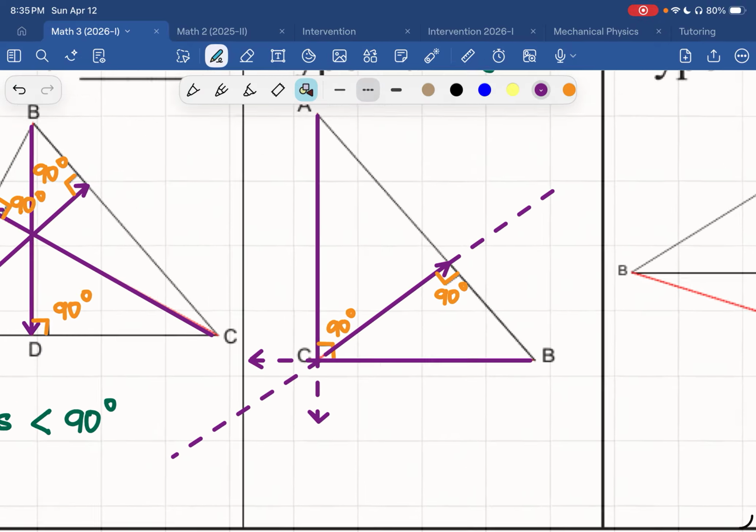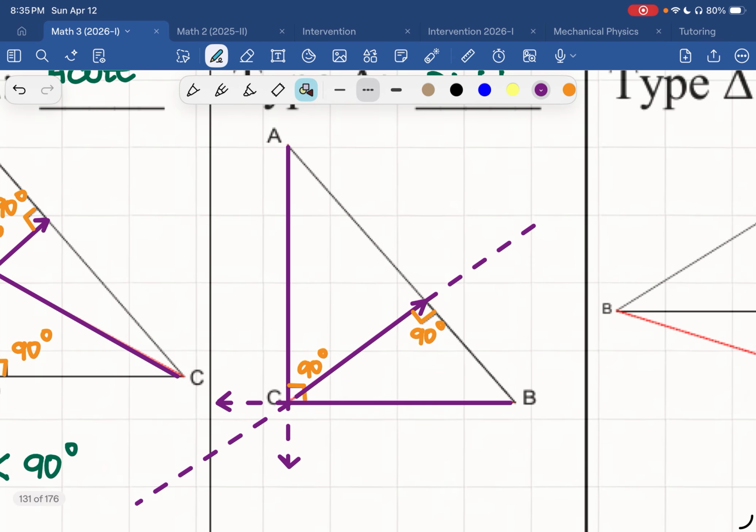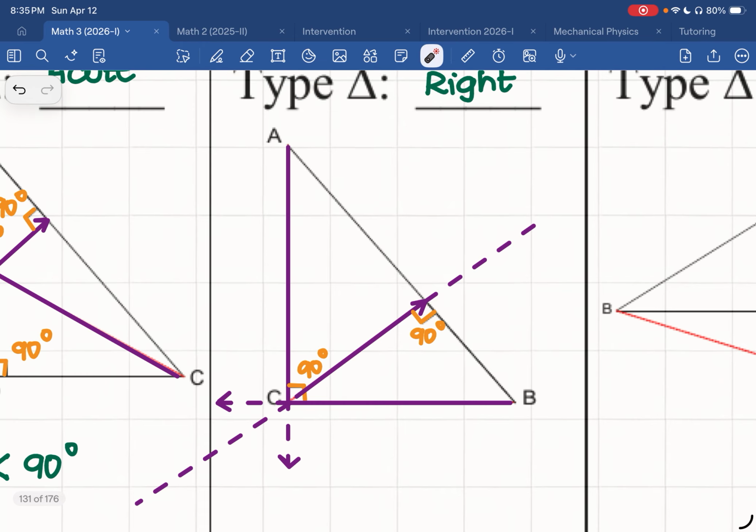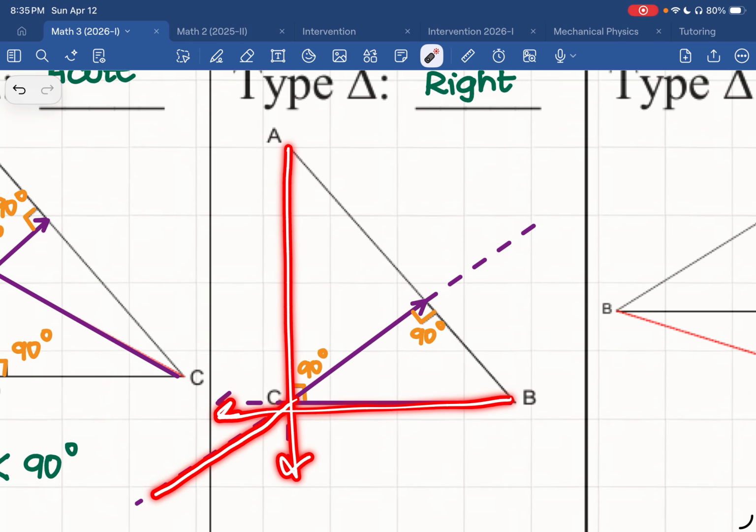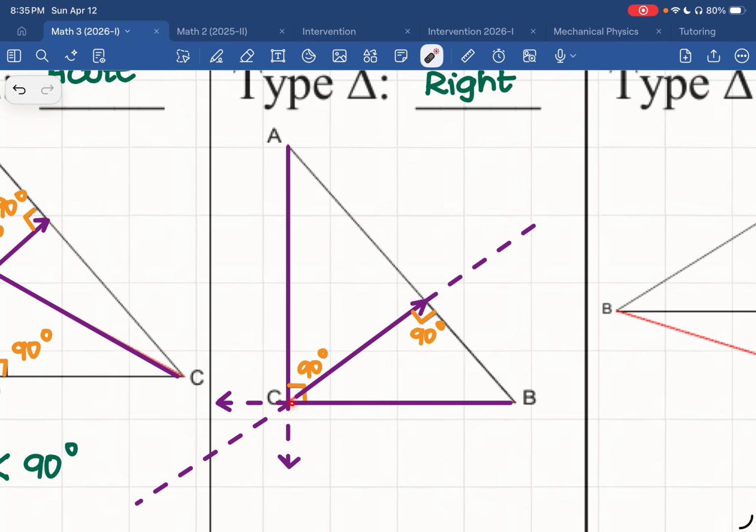Okay, so guys, if I ask you, what is the point where these three lines cut each other? This one goes like this, this one goes like this, and this one goes like this, right? When do they cut each other? Here, in this part.